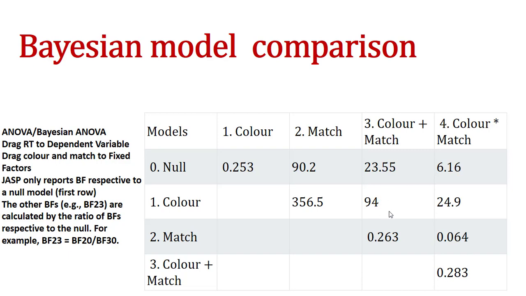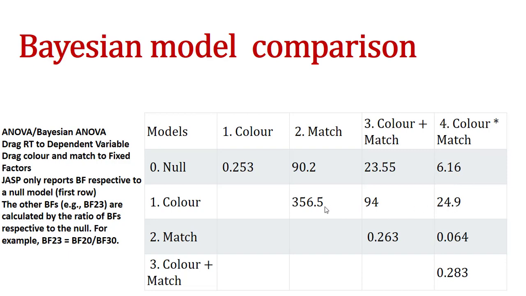So if we have to use the variable color in a model, adding the variable match increases the marginal likelihood because it's 94 times more likely. And when we compare color and match with interaction against color only, it is 24.9.